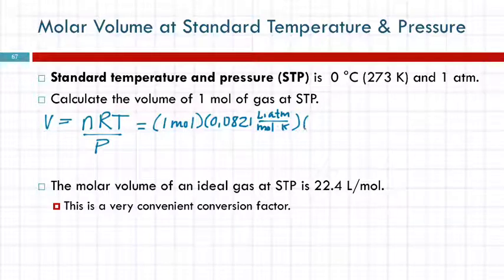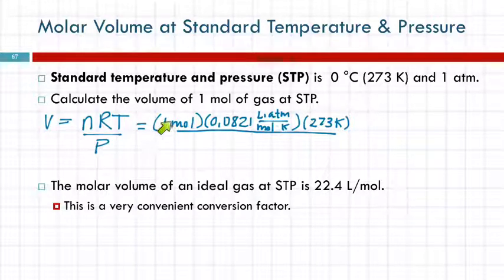And the temperature, what's the temperature? 273 Kelvin. You don't want to use 0, because you can't use Celsius here. If you did use Celsius, you would end up with 0 volume no matter how many moles of gas you had. Wouldn't matter if you put in 1,000,000 moles. If you put 0 here, it's going to be 0 volume. That should be a clue that, oh, that's not going to work. Pressure is 1 atmosphere.